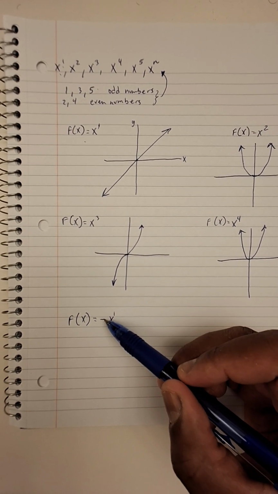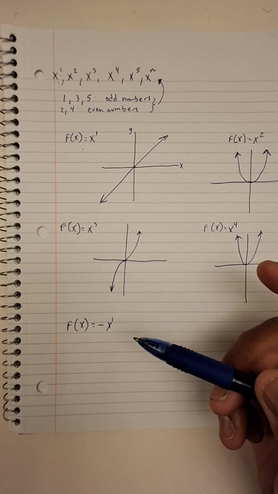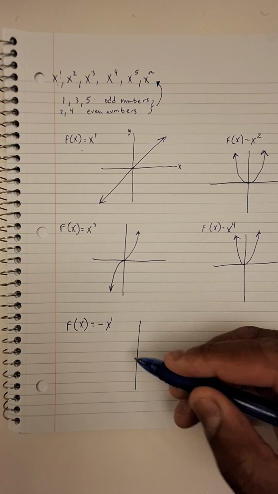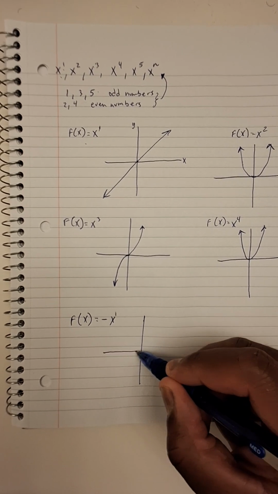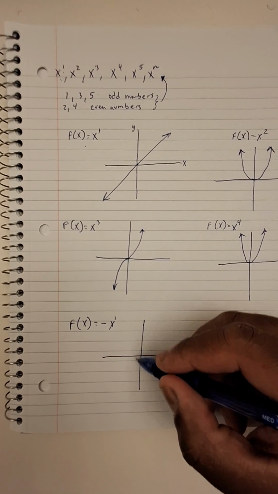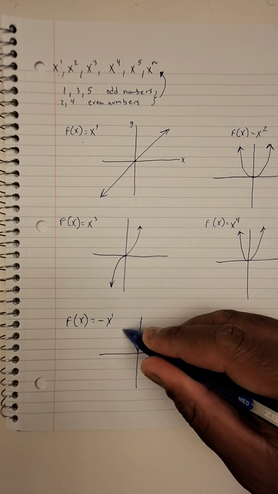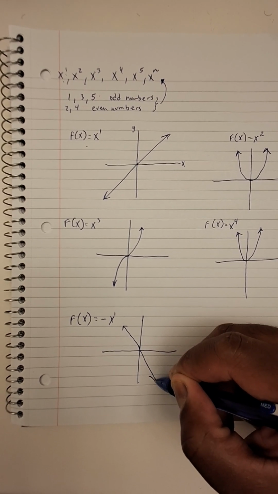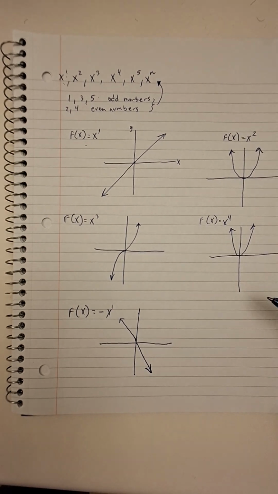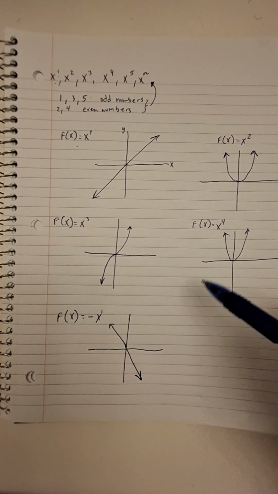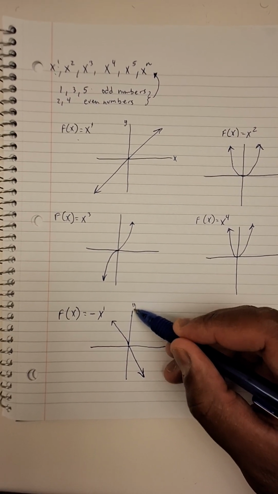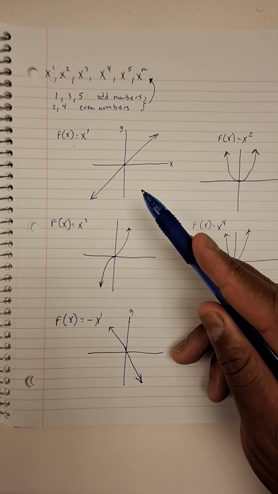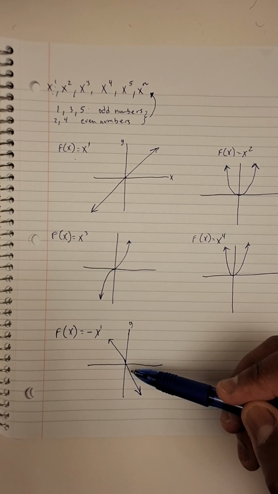What this negative does is flip it about the y-axis. So for this case, it'll point like this. It'll flip it about the y-axis, so it goes from like this and flips like this.